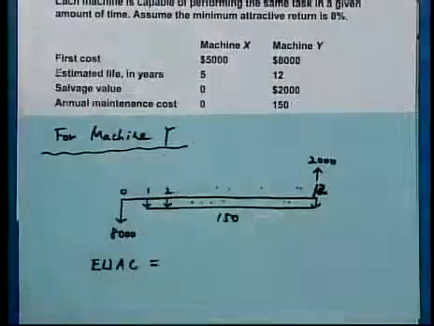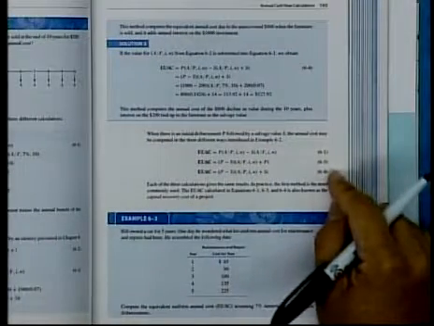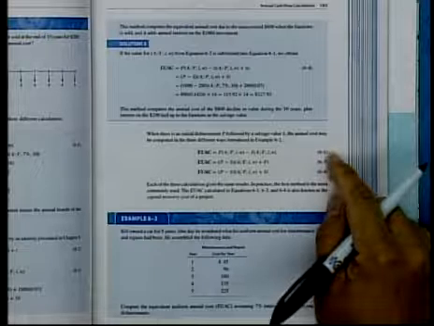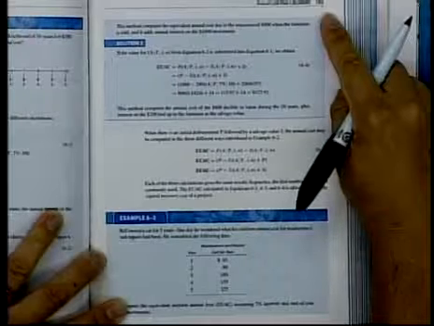In our text, page number 193, if the initial disbursement P and the service value S are given, then the annual cost can be calculated by these three equations, 6-1, 6-3, and 6-4.